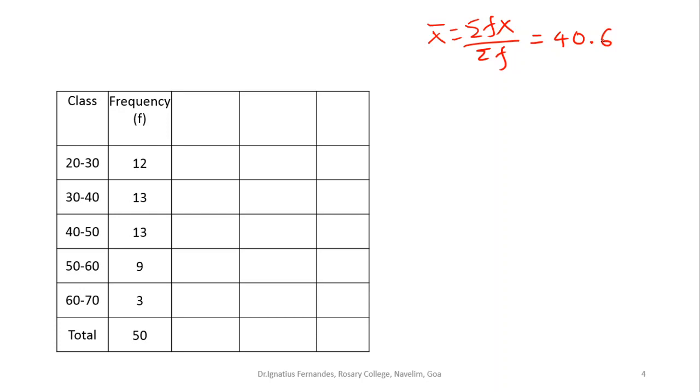So let us find out the mean by this assumed mean formula. The mean is given by a plus h into summation fd upon summation f. This is the formula that we are following.